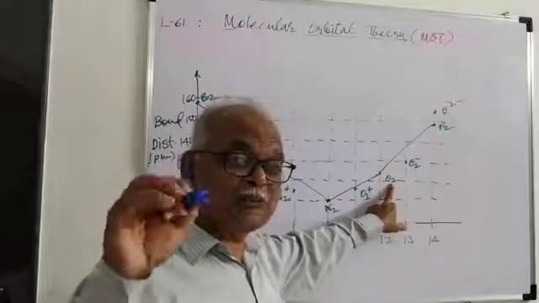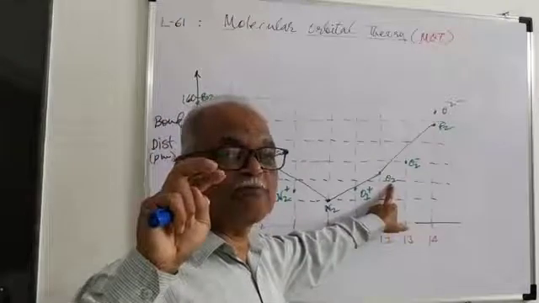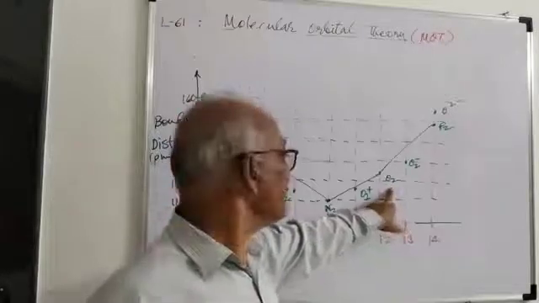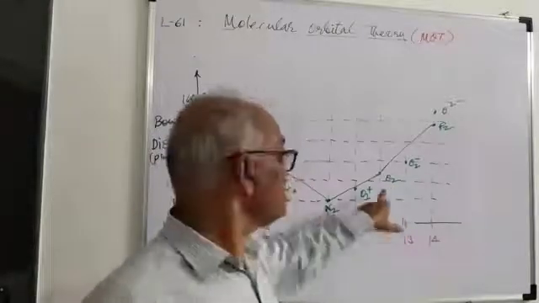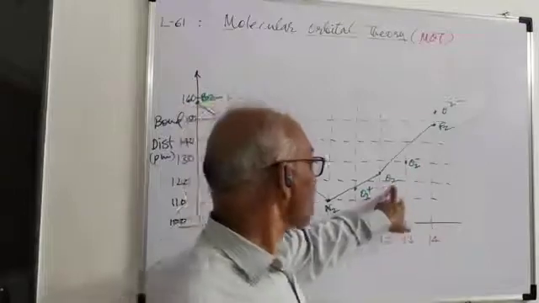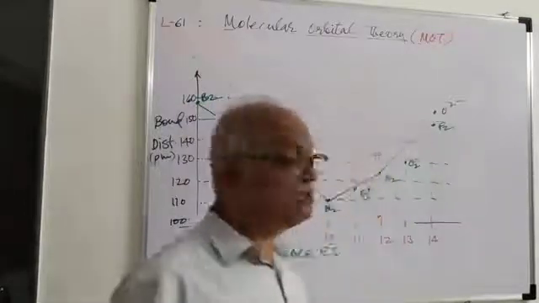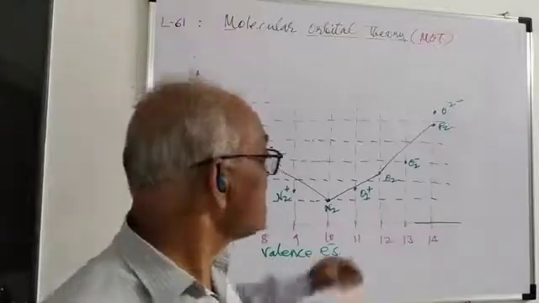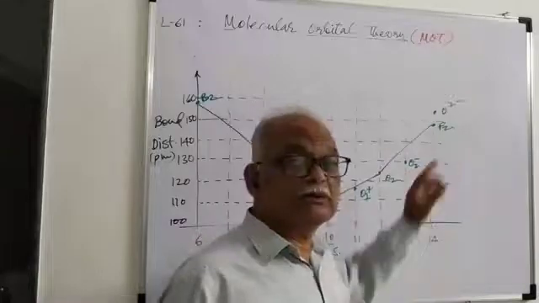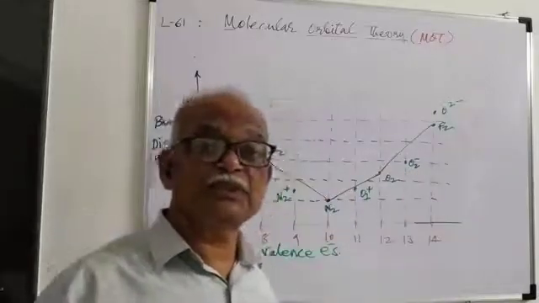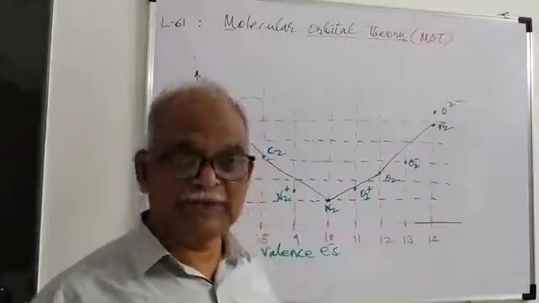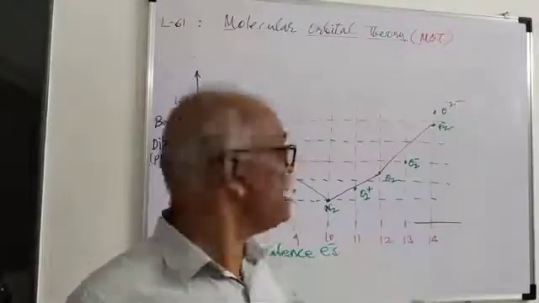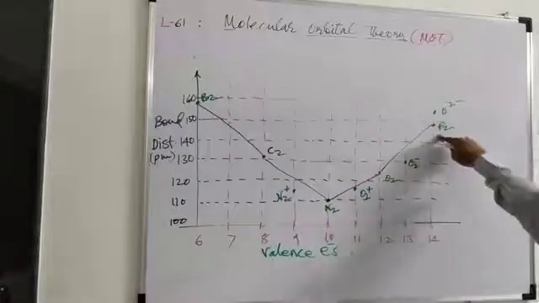So there are 2 unpaired electrons present in antibonding molecular orbitals, as a result of which the bond order decreases by 1, from 3 to 2. And as we move to fluorine, the bond order again decreases. It becomes 1 because 2 more electrons enter into the antibonding molecular orbitals. As a result, again the bond order decreases by 1 and the bond distance also increases.